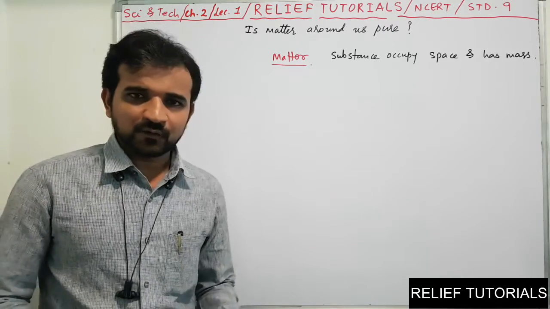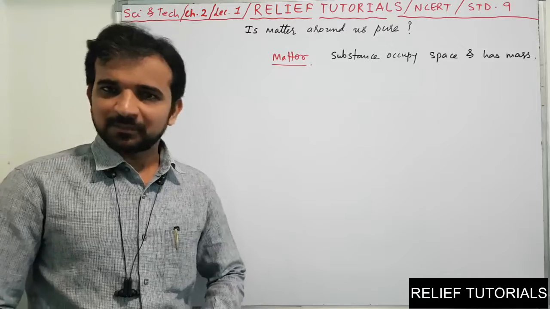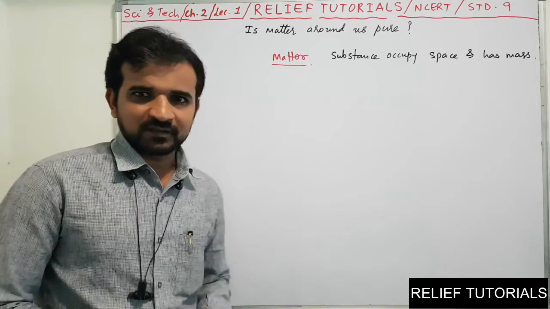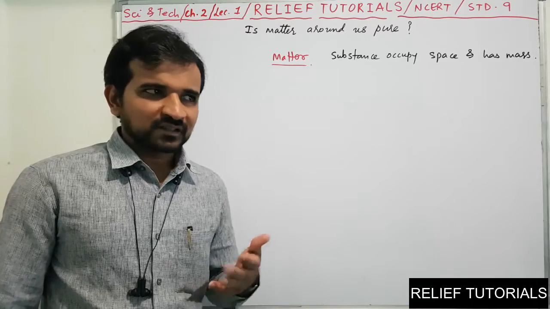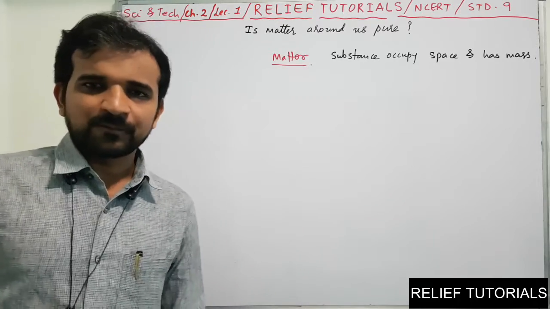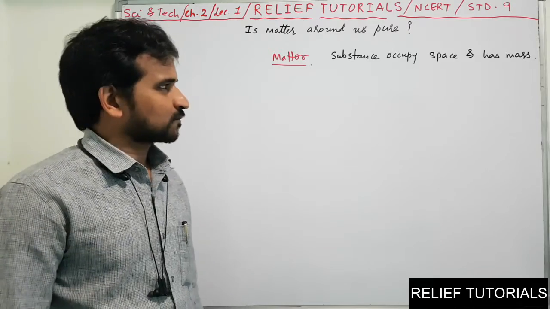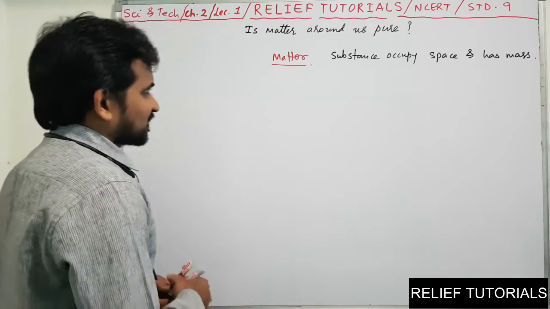So anything you see around you is nothing but the matter. This board is a matter, this pen is matter, water, common salt. Whatever the physical things you see around you is simply matter. Let us take some examples of matter.